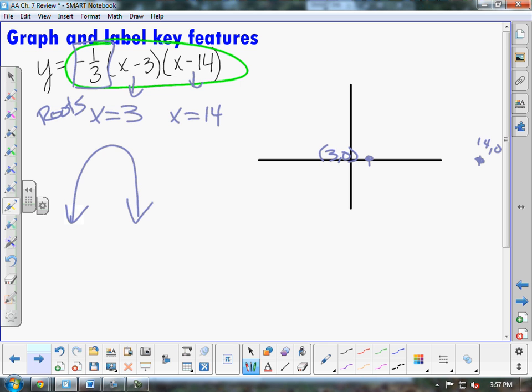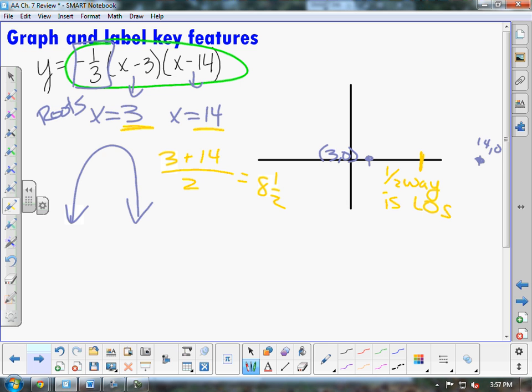Now, because we have the roots of 3 and 14, halfway between those two things is where the line of symmetry is at. And so halfway between 3 and 14 would be 3 plus 14 divided by 2, which is 8 and 1/2.